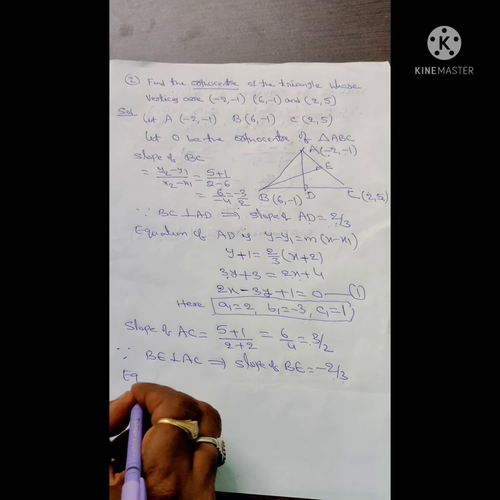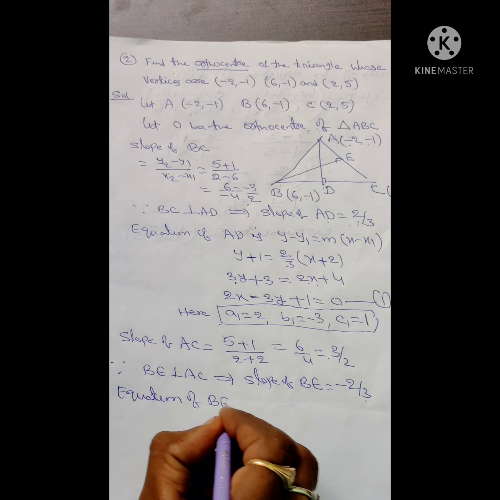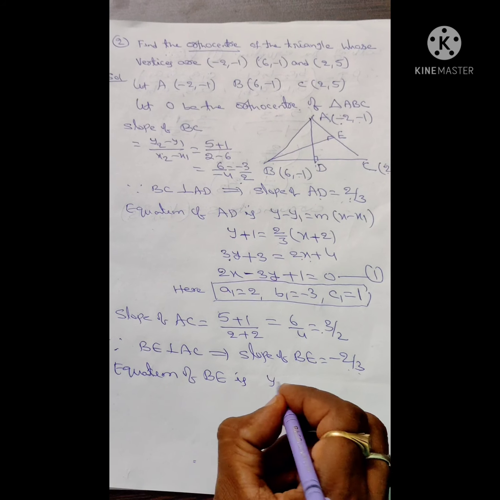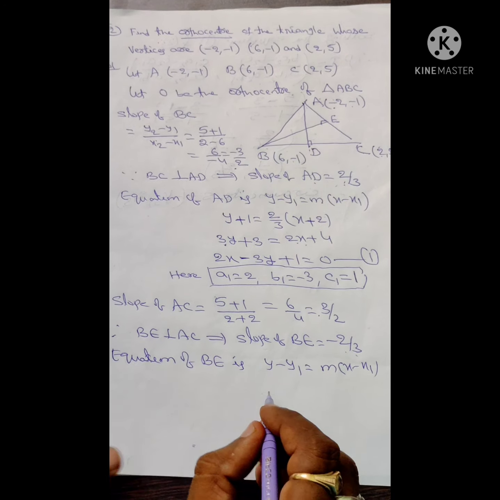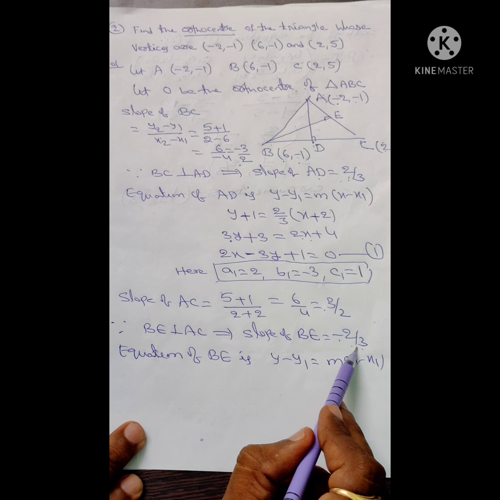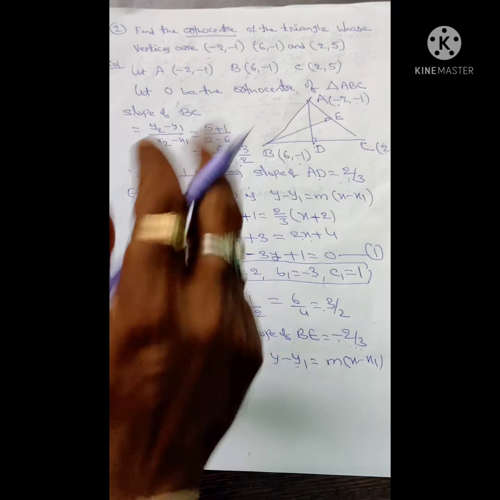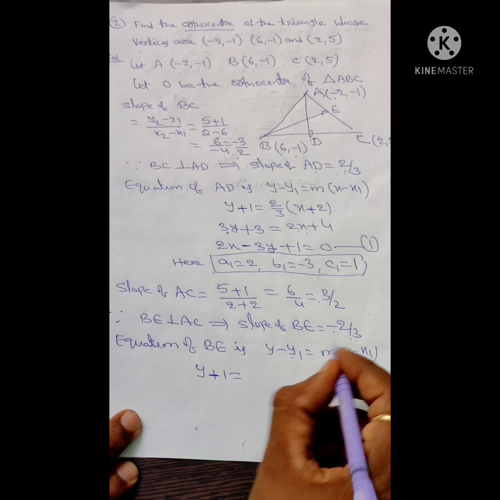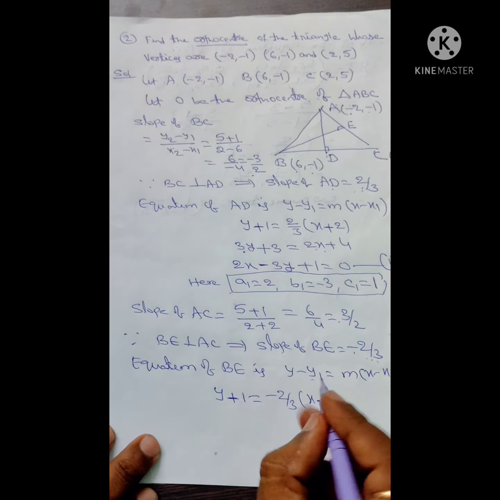So therefore, equation of BE is y minus y1 is equal to m into x minus x1. So point B is (6, minus 1). Slope is minus 2 by 3. Substituting: y minus y1, minus 1, that is plus 1, m is minus 2 by 3, x minus x1, x1 is 6.